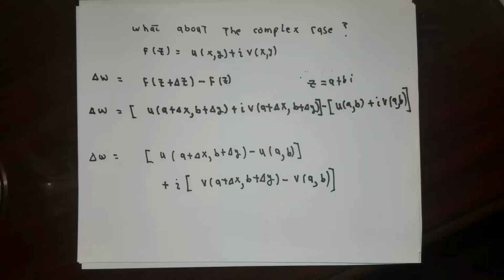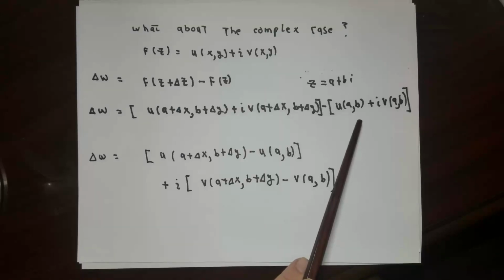If I literally write down u plus iv evaluated at a plus delta x, b plus delta y, or if I wanted to think of it that way, z plus delta z, then subtract away u plus iv evaluated at ab, this is literally the difference in function values between the two points, between the two complex numbers.